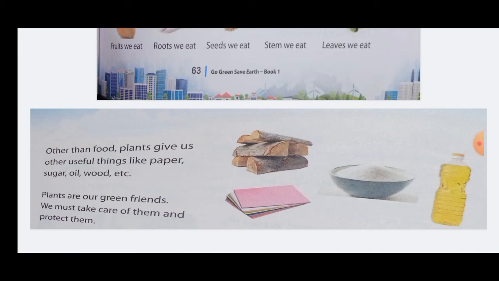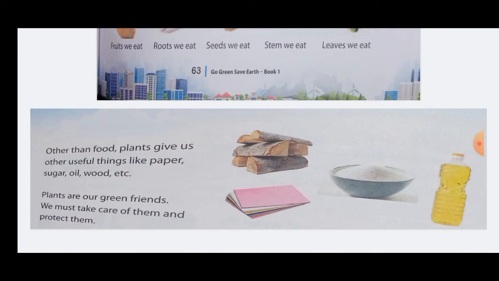Plants give us spices. We get spices like cardamom, black pepper and cinnamon from plants. Spices add flavor to our food. Plants are our green friends. We must take care of them and protect them.